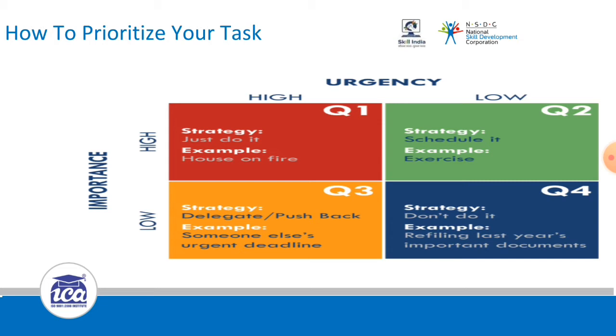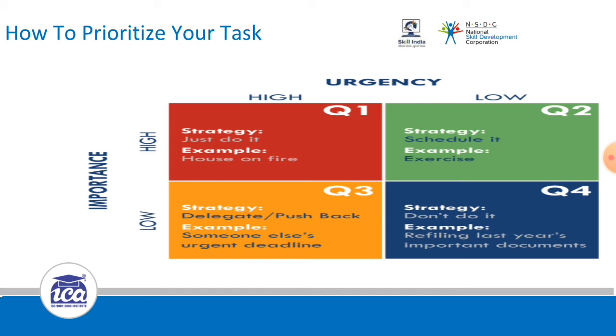But those are important because entertainment is important in life, health is important in life, right? So these are all important but not urgent, you can do these kinds of tasks later also. So these are not that urgent, so always put these kinds of tasks in second priority.